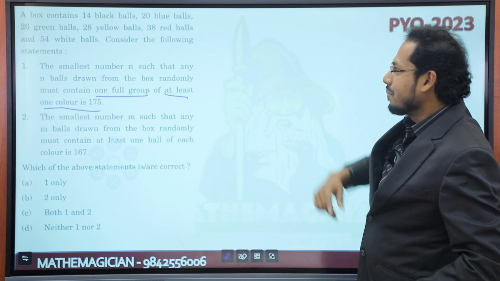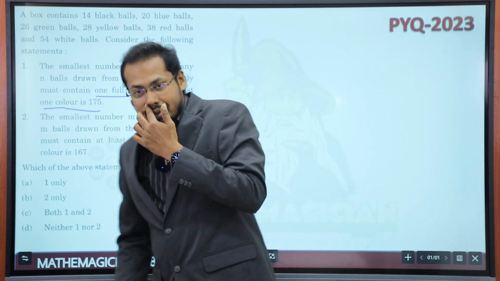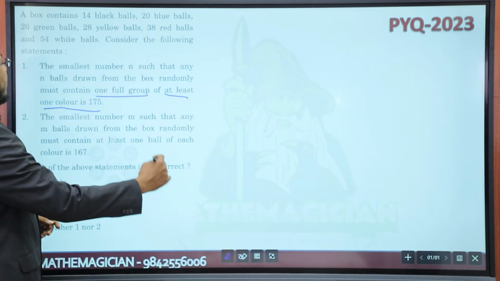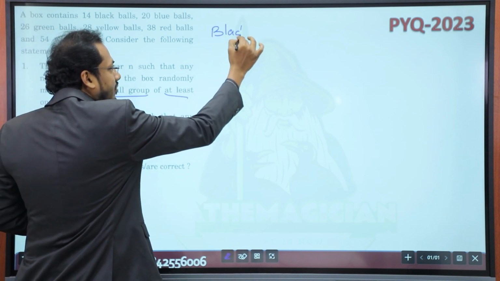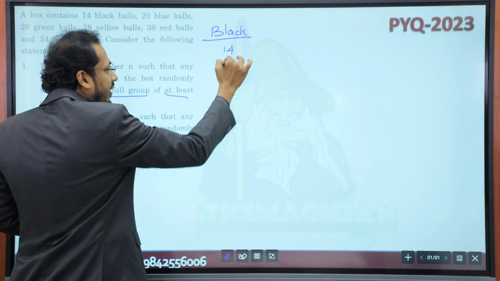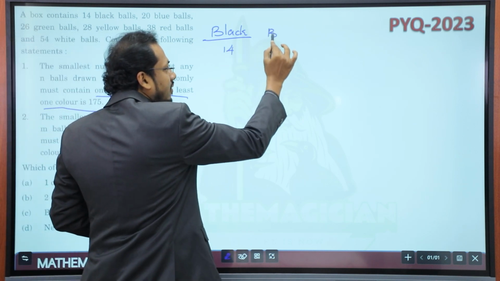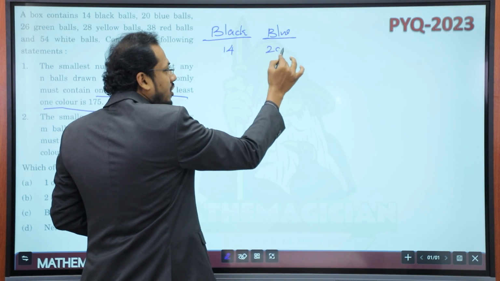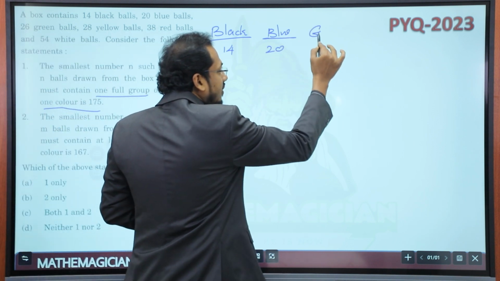Let's take the statement first. Black ball, right? Okay, I will write here first. Black ball is 14, and then 20 blue balls. Blue is 20, and then 26 green balls.